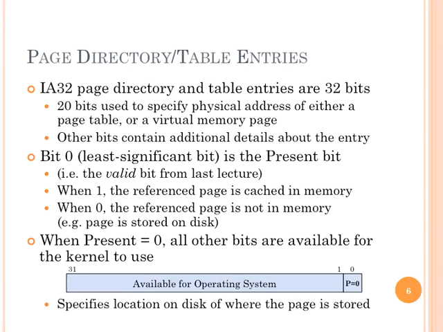Or it can store some information saying where to find this page in the swap file. Linux has a way of specifying multiple swap devices. I think you can use either files or partitions, so part of the bits are devoted to that, and then the rest of the bits are devoted to saying this is the actual swap slot in that swap device. Windows has another way of doing it. It's just whatever the OS wants to do, it can design it.